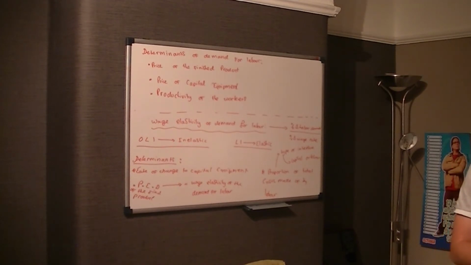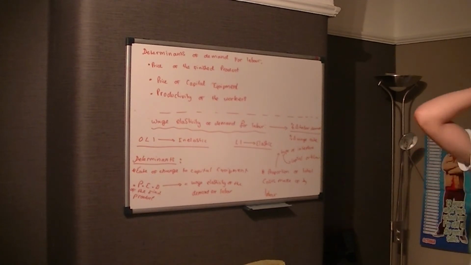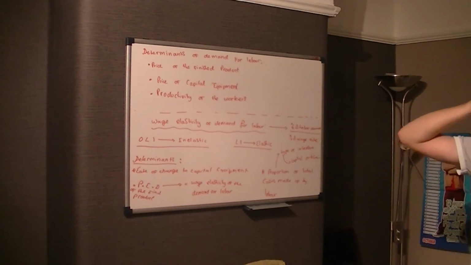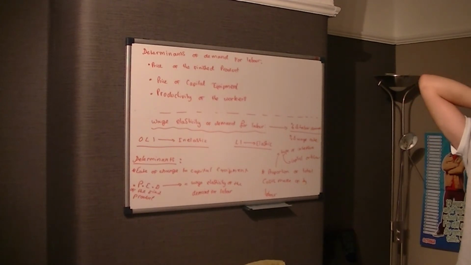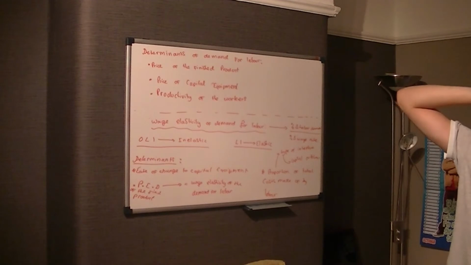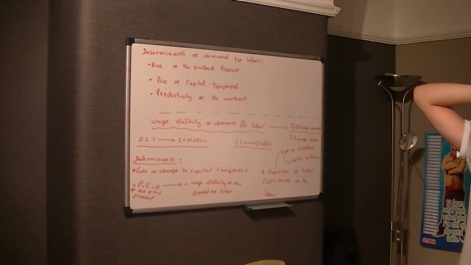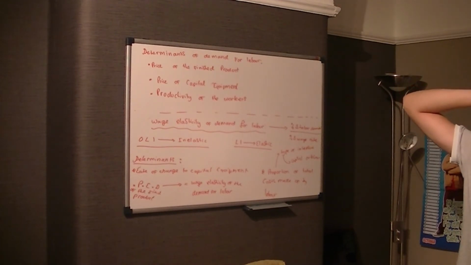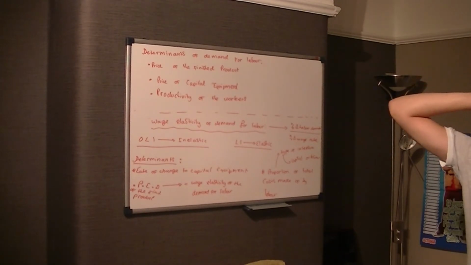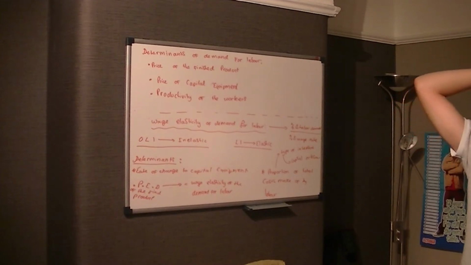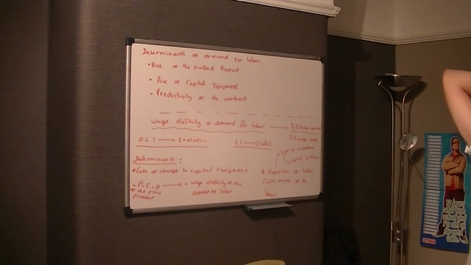Then the determinant for the wage elasticity of demand of labour, we said the proportion of costs that are made up by labour. So this is representative of what type of business we are talking about. So if we're talking about capital intensive, just to reiterate that, a capital intensive business is a business that relies heavily on machinery, so they won't be affected so much by changing wage rate, because yes, they will have to pay their workers more, but because they don't have that many workers as they're capital intensive, then it won't be as effective to them as a business that is more the other way around.